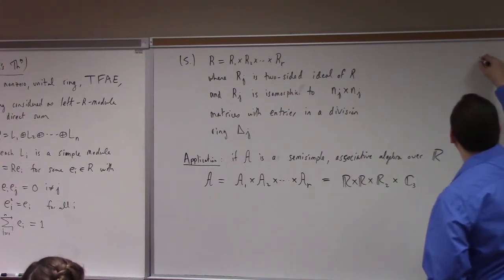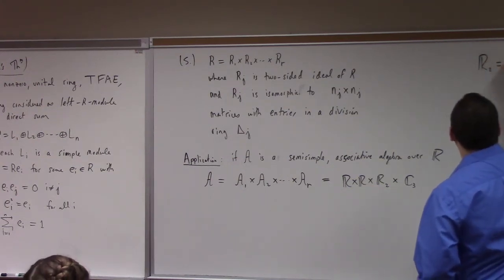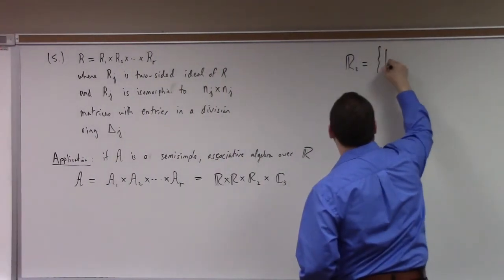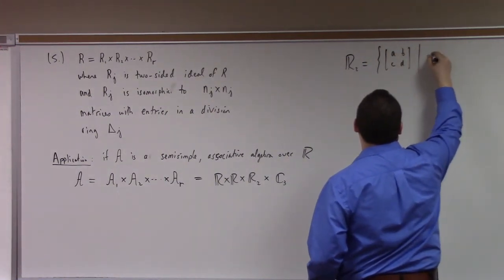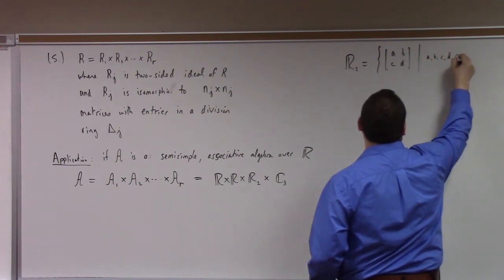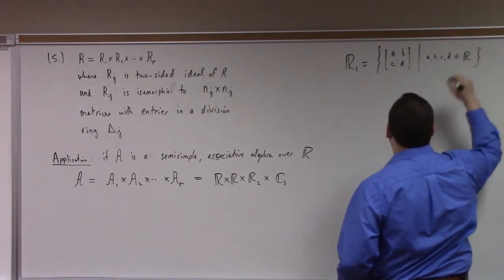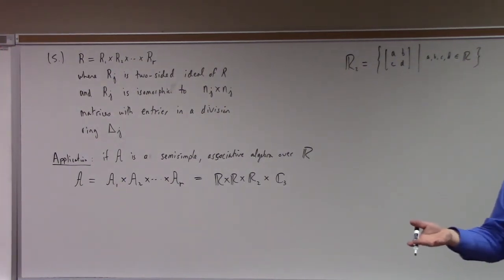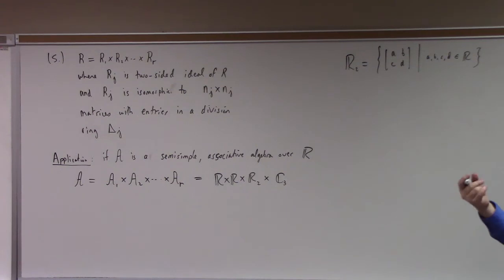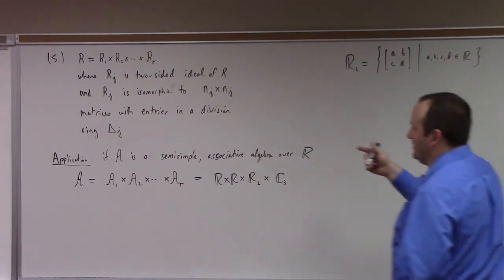R sub 2, what is that? That is A, B, C, D, the set of 2 by 2 matrices under matrix multiplication, right? Those are entries in a field, I mean, a division ring.